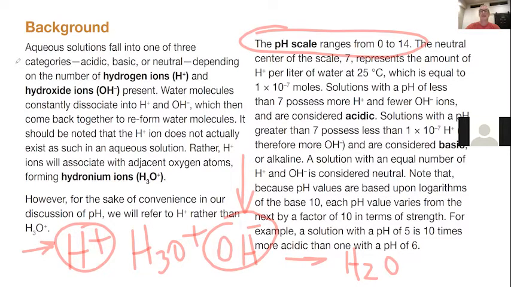And then at pH 7 in the middle, that's where the concentration of H plus equals the concentration of OH minus. They're both the same.